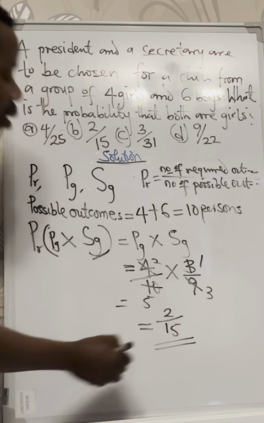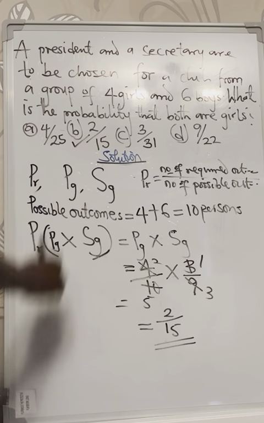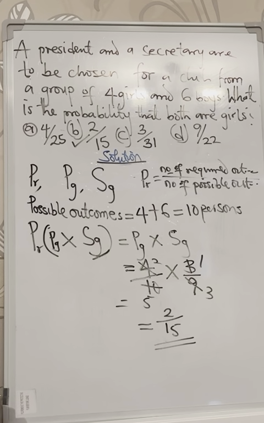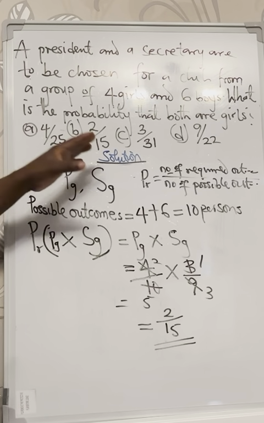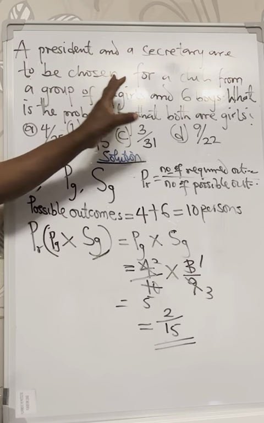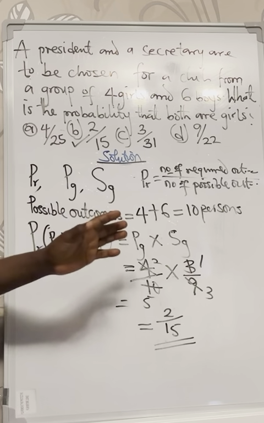So our correct option is B. What does that mean? It means that the probability of a girl being president and a girl being secretary, of these numbers of persons, the way it is in the question, is 2/15. Thank you.